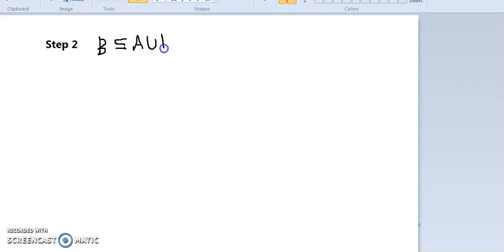In step 1, we had to do two cases because we don't know where X is from.